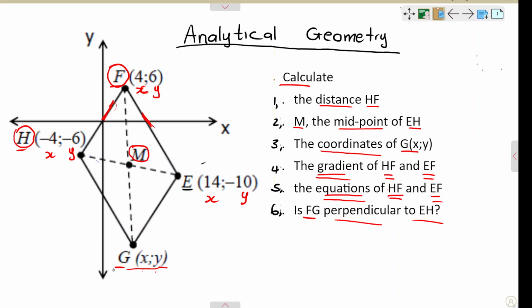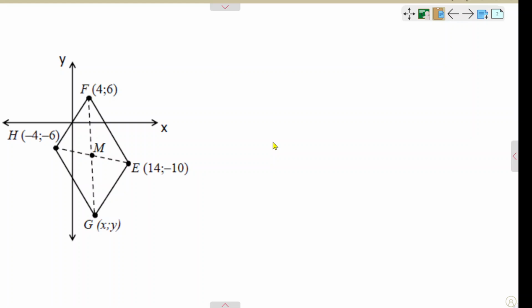We're going to use the equation of the gradient for perpendicular lines.